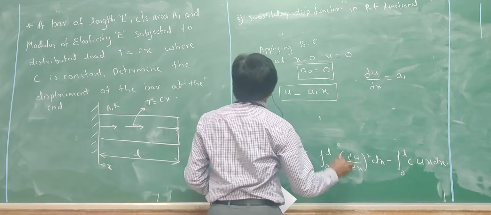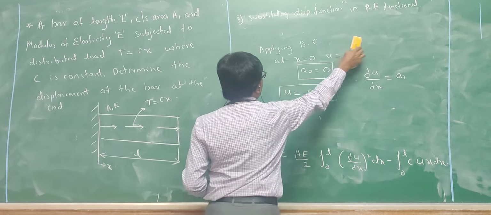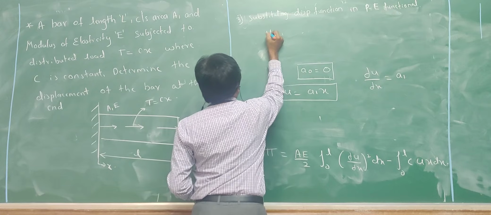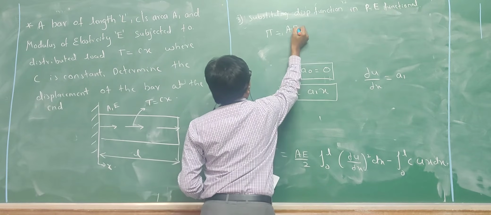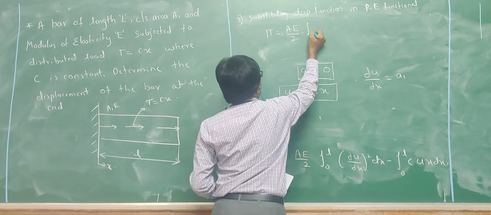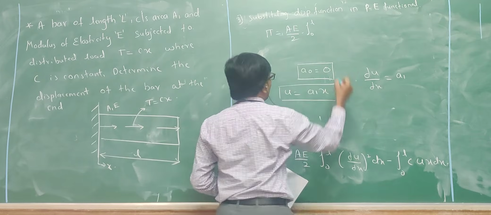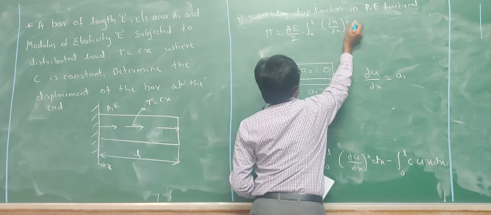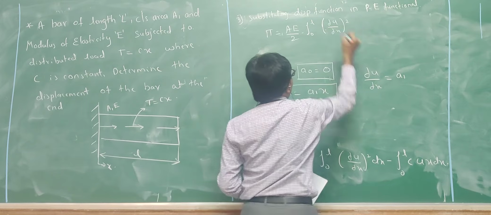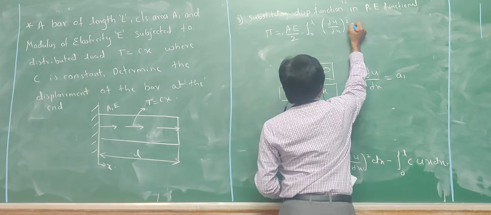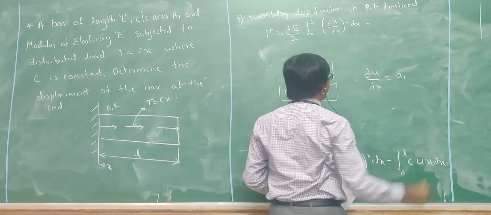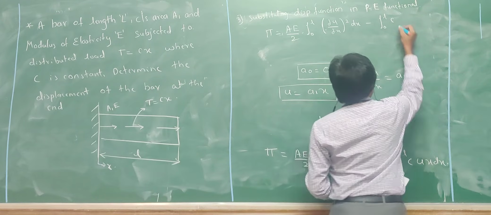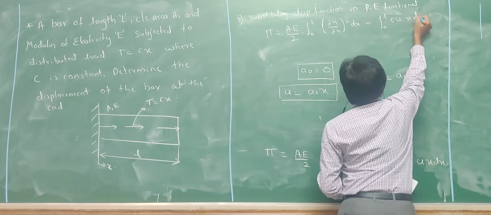I'll write this equation once again, then I will be substituting the values. Phi is equal to AE by 2 integration 0 to L dou u by dou x the whole square into dx minus integration 0 to L c u x into dx.